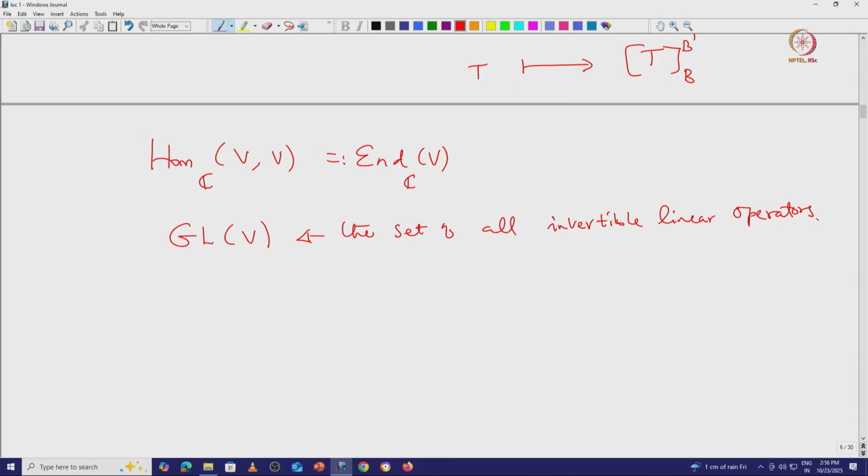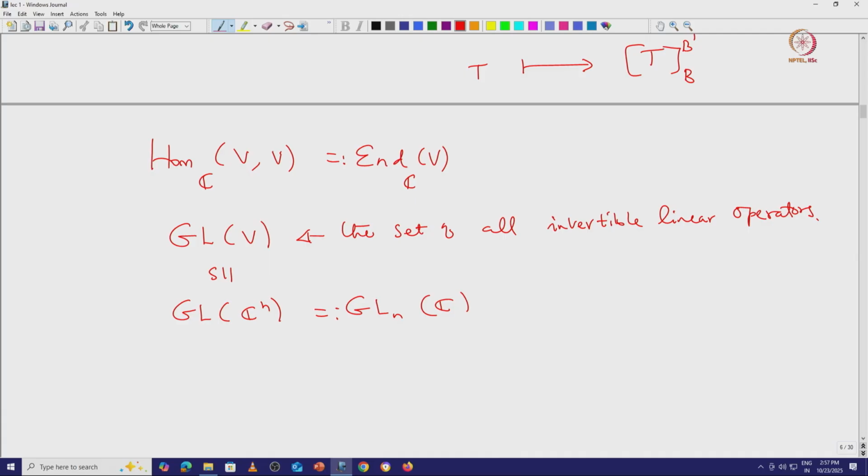Once we fix a basis of V, it is easy to prove that GL of V is naturally isomorphic to GL of C^n, which is again denoted by GL_n(C). We use this simplified notation GL_n(C) to denote the set of all invertible n by n matrices.